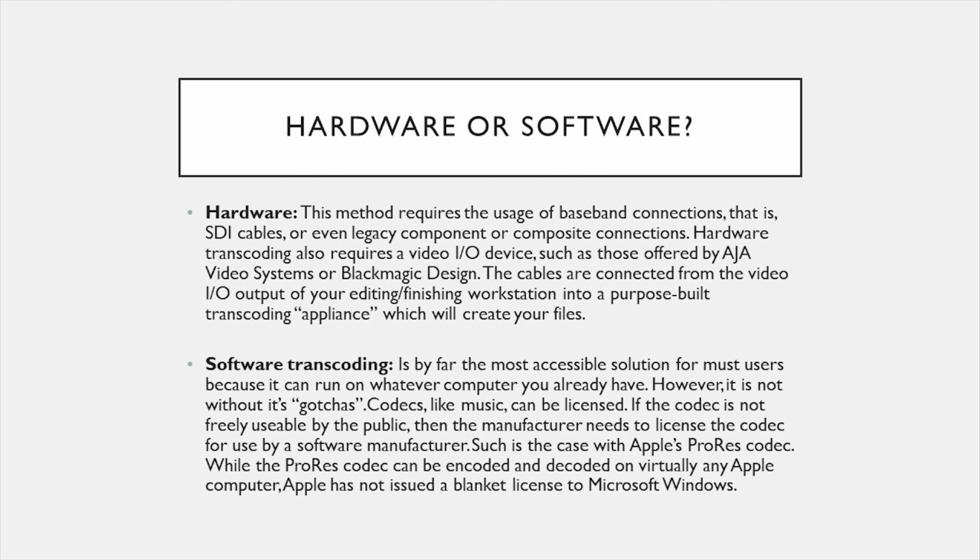If the codec is not freely usable by the public, then the manufacturer needs a license for use by the software manufacturer. Such is the case with Apple's ProRes codec. While the ProRes codec can be encoded and decoded on virtually any Apple computer, Apple has not issued a blanket license to Microsoft Windows.